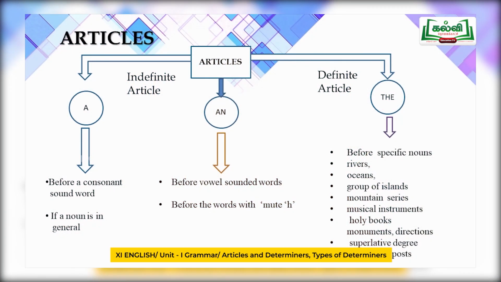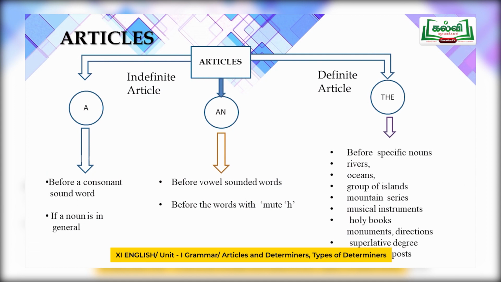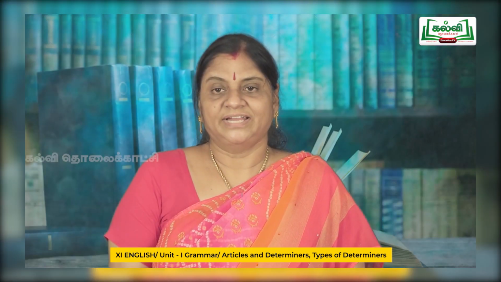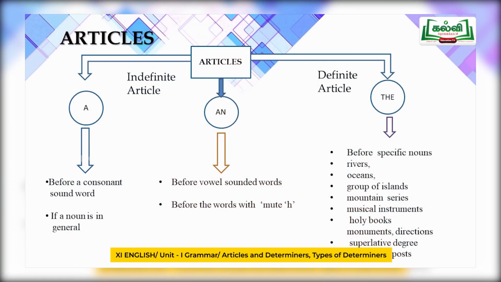Next one is rivers. Before river names, the Kaveri, the Vaigai, the Godavari are the examples. Next one is before ocean names. Ocean names are the Indian Ocean, the Atlantic Ocean, the Pacific Ocean. Next one is before a group of islands. Not a single island, not one island, but a group of islands.